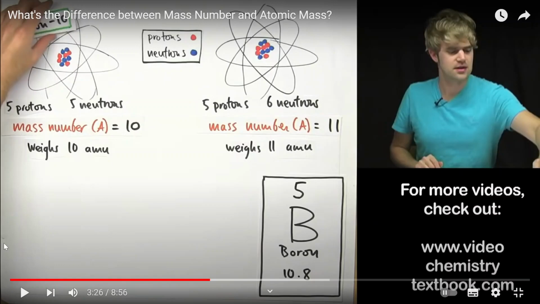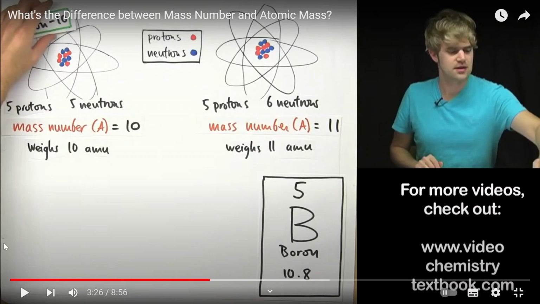Now the thing is, there is not an equal number of boron 10 atoms and boron 11 atoms. In fact, if we pulled 50 boron atoms at random and represented them here, we see that the majority of the boron atoms are boron 11, which I'm indicating with little orange circles here. Okay, most of them are boron 11, and only a small minority of them are boron 10 atoms.